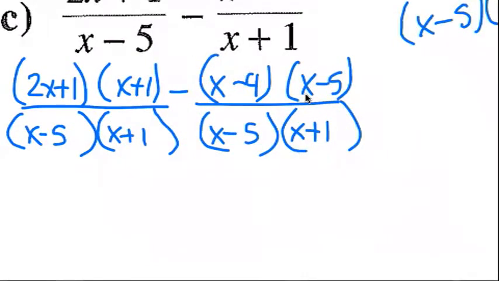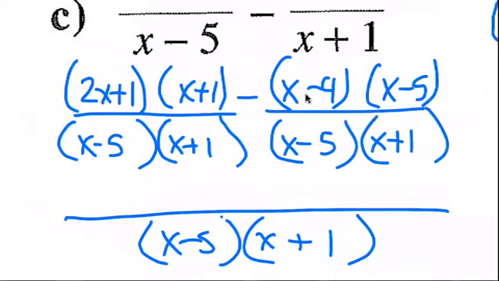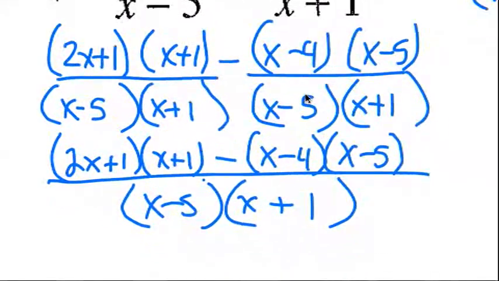Now they're all on the same denominator, x minus 5, x plus 1. And I have 2x plus 1 times x plus 1, minus x minus 4 times x minus 5. Expand both of those brackets using FOIL: first, outside, inside, last.